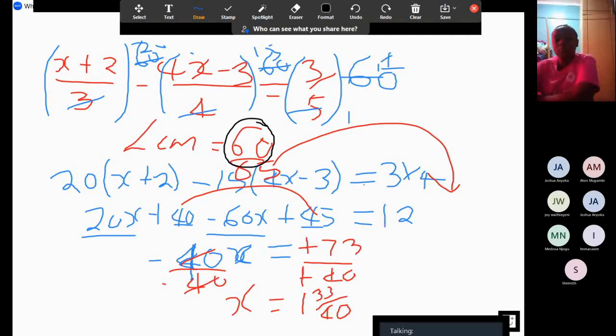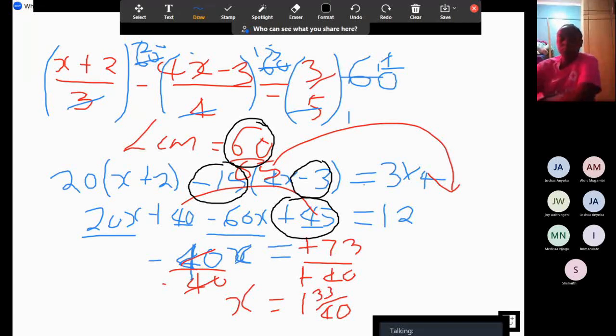For example, we multiplied negative 15 and negative 3. That gave us the result of positive 45. This is very key.